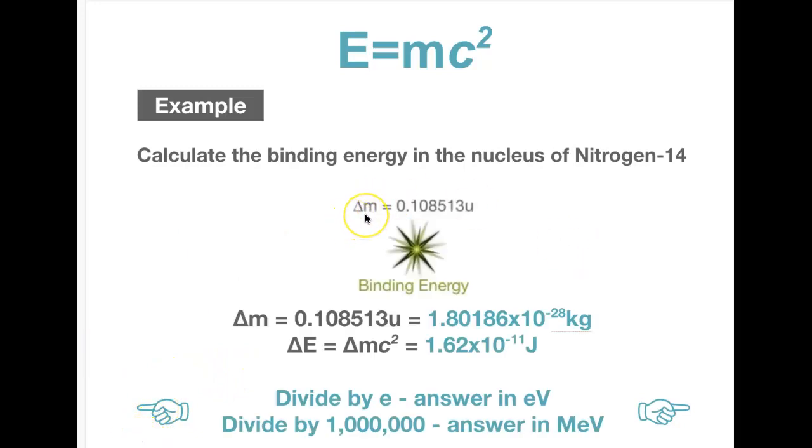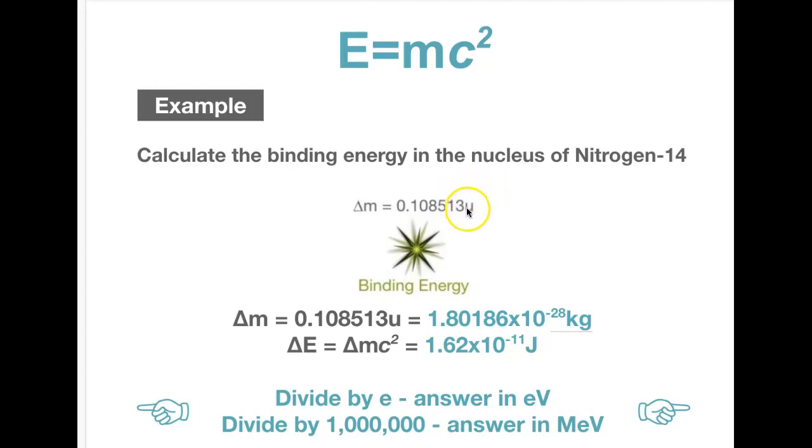Now you should have had a missing mass of 0.108513. That's in unified mass units. Because we are going to be using the speed of light, 3 times 10 to the 8, which is in meters per second, we need to convert this into SI units.